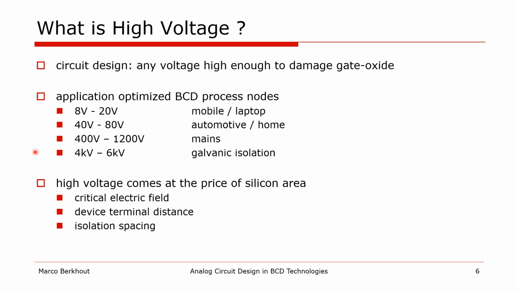And optimized BCD process nodes are developed for each voltage range. High on-chip voltage comes at the price of silicon area. The voltage needs to be distributed over a certain distance to prevent the electrical field strength from reaching critical values. So for a higher breakdown voltage, we need more distance between device terminals, but also more space for isolation barriers between devices.